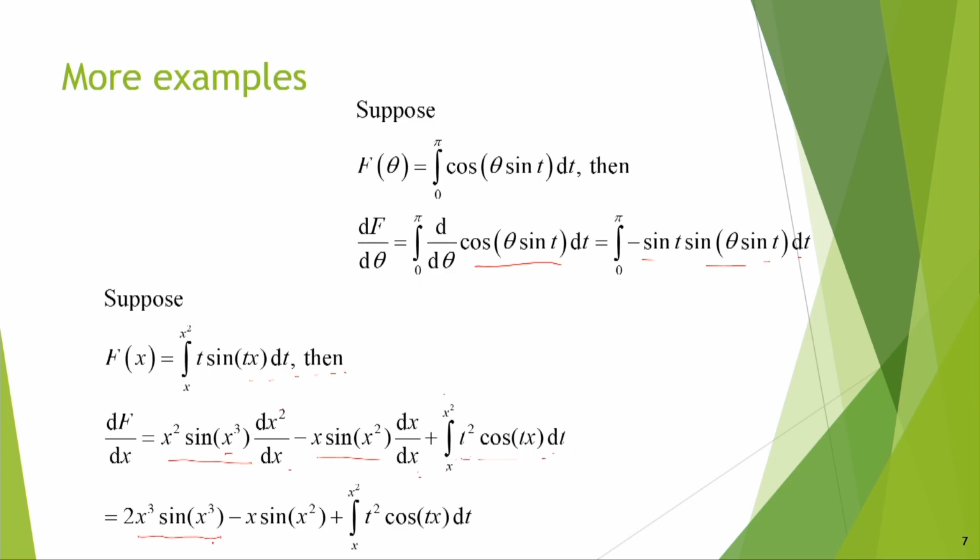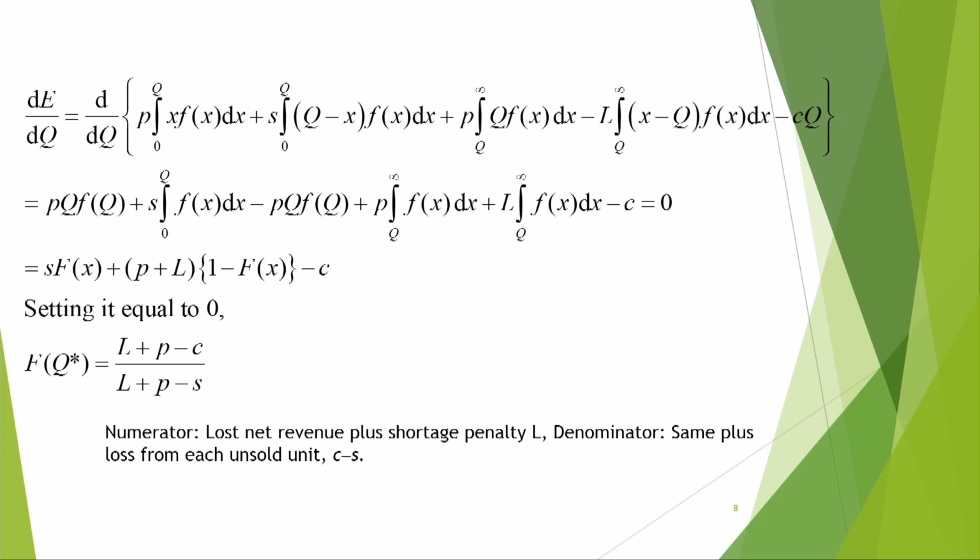Simplify this, this becomes 2x cube sin(x cube), because d(x square)/dx is 2x, minus x sin(x square) plus the integral from x to x square of t square cos(tx) dt. If you integrate this by whatever way, numerically or otherwise, you can get the answer in whatever form you need.